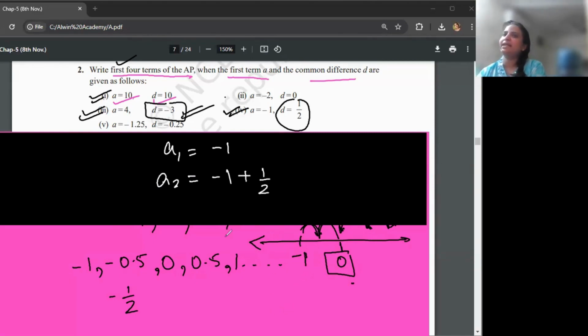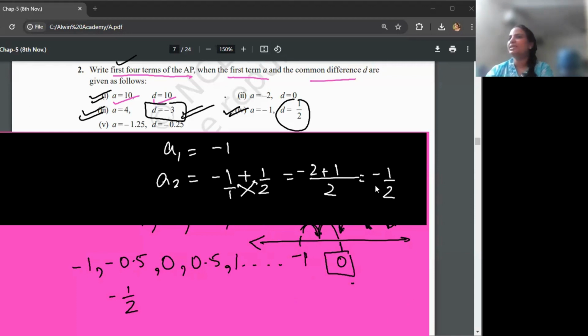That is finding the second term of the AP. So this will be -1 plus half. You take the LCM of 2, right or not? We take the LCM of 2 and then cross-multiply: -2 plus 1. So that is -1/2. Right, bachche? So we can also call it -1/2, and in decimal, we can call it -0.5, right? And what else should we do?